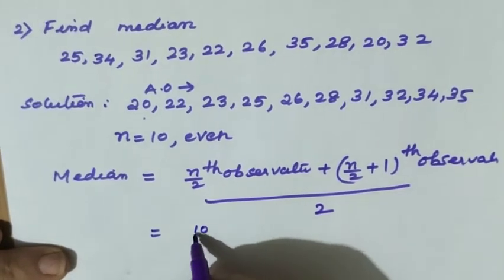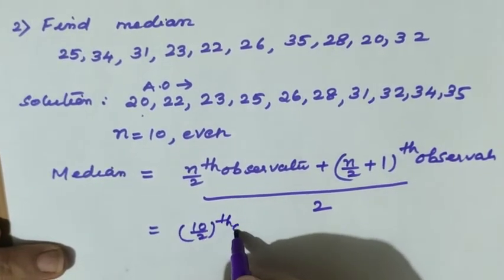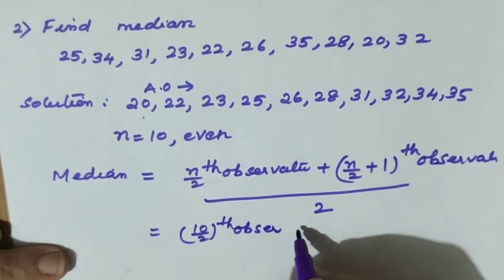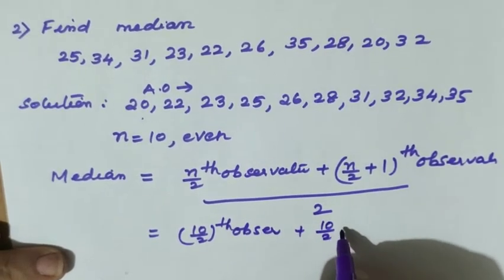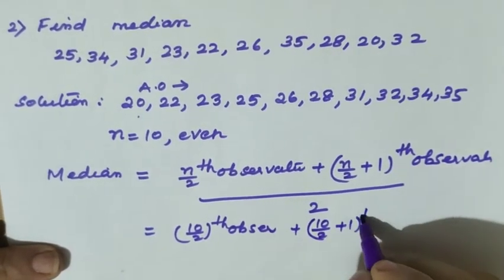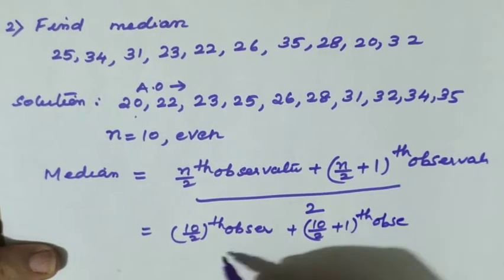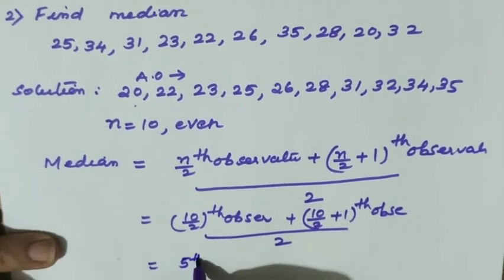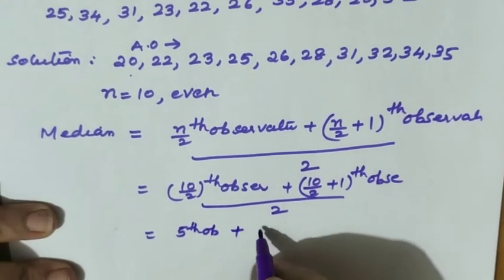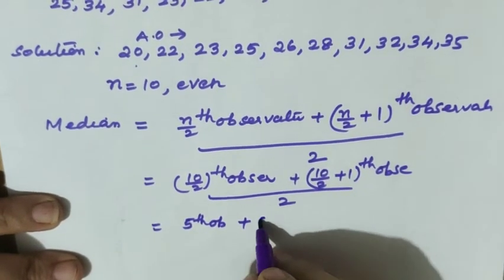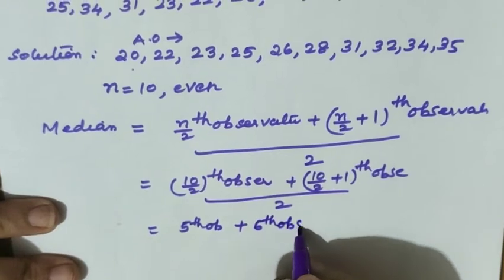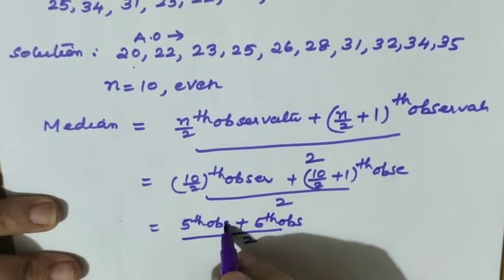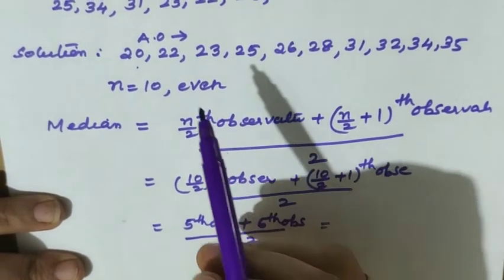So the 10 by 2th observation plus the (10 by 2 plus 1)th observation, divided by 2. 10 by 2 means the 5th observation plus 5 plus 1, the 6th observation, divided by 2.